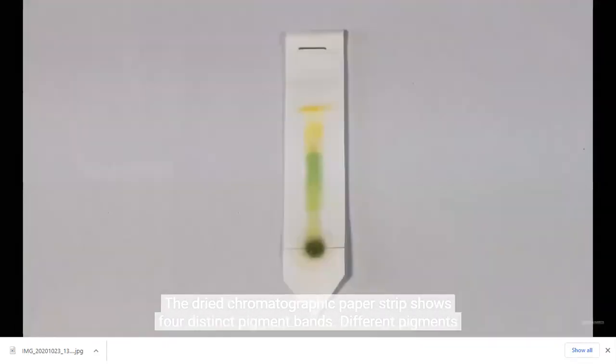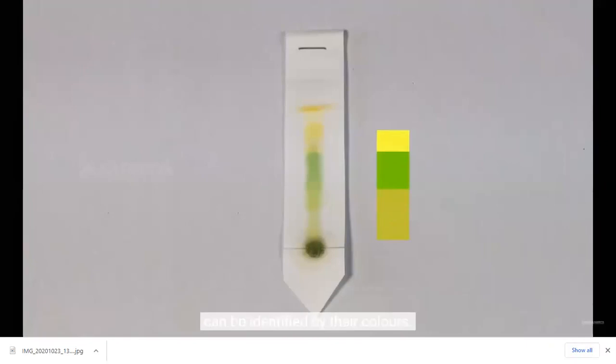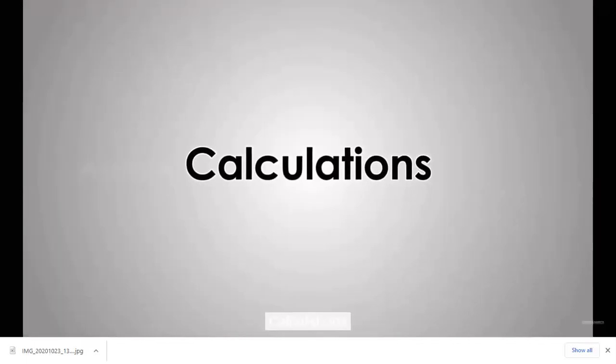Observations. The dried chromatographic paper strip shows 4 distinct pigment bands. Different pigments can be identified by their colors. Calculations.